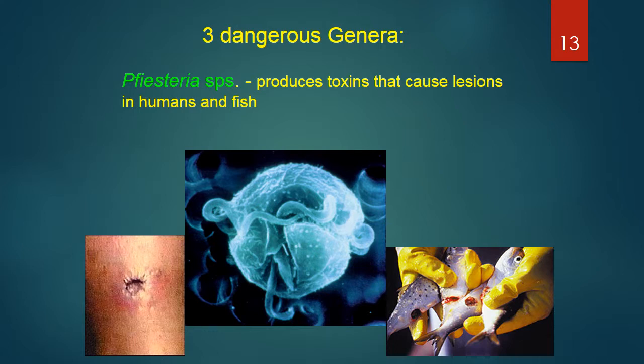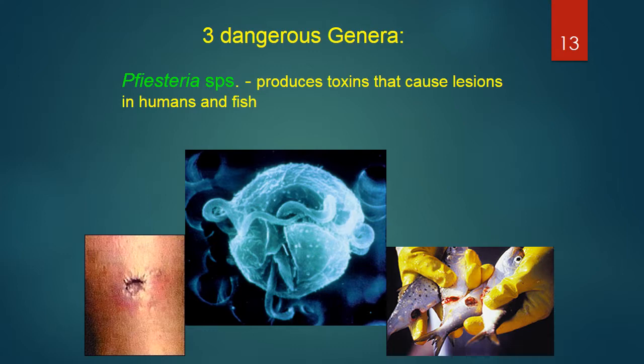So Pfiesteria was responsible for a lot of fish kills in the mid-80s to mid-90s. They secrete a neurotoxin that kills the fish when it's present in large numbers. Once the fish are dead, the organisms then act as saprotrophs. So they kill the fish using their neurotoxin, and then they ingest it.